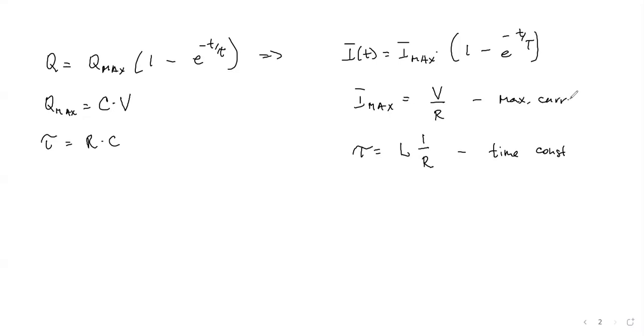Maximum current. Basically, that's it. We just solved the problem. Honestly, we don't even need to do any examples about this, because with this substitution, it's just equivalent to RC circuits. You can do the same.